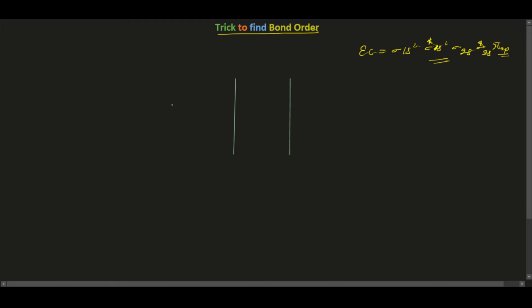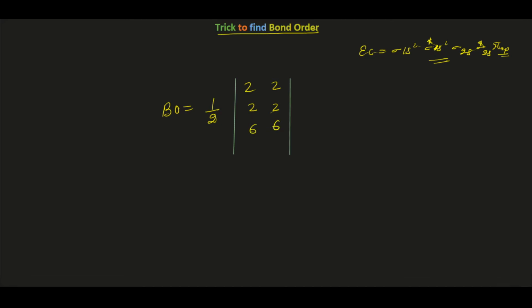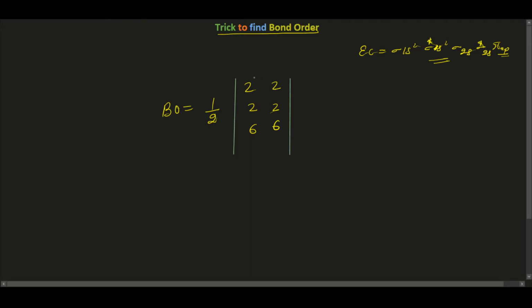So we have come up with a new trick, that is bond order equals half of, we have to write only 2 2 2 2 and 6 6. So the left portion, this column represents what?